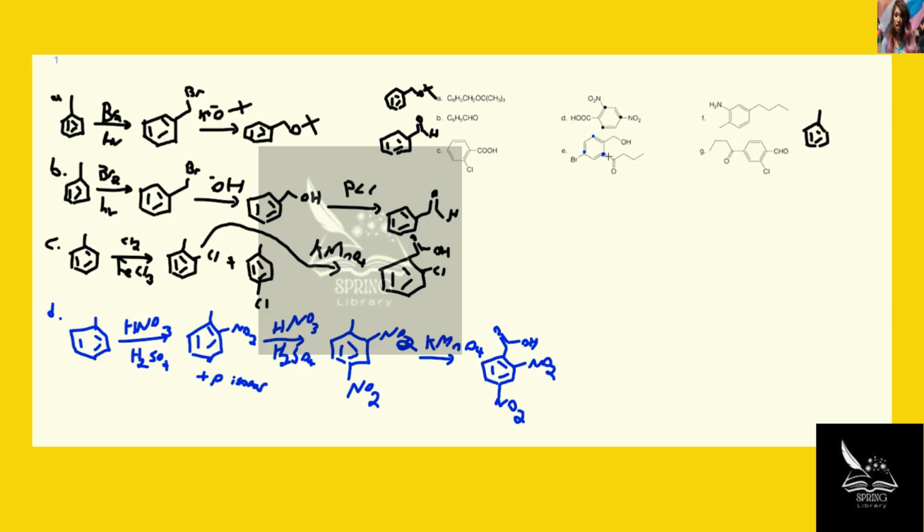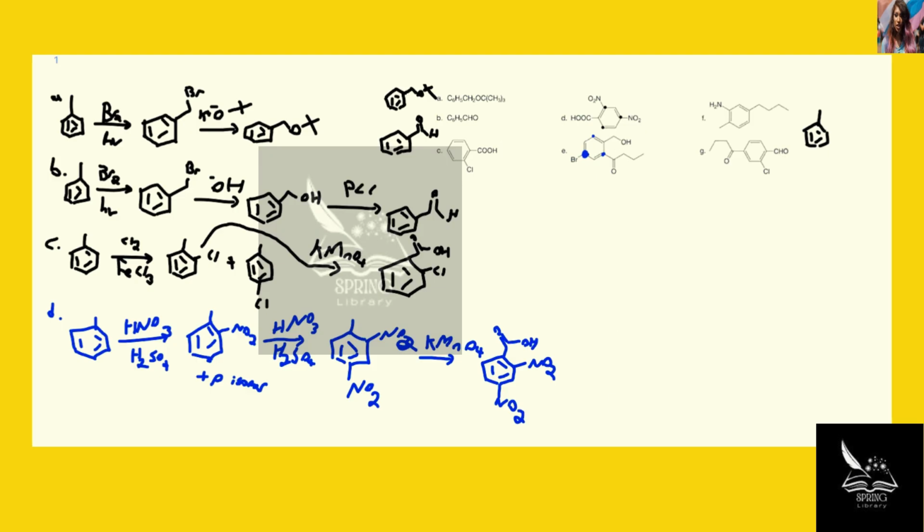Once we add this acyl group, not only is this methyl group directing para, but now this acyl group is going to be directing meta, which is also going to be this position. So when we double force at this position, then we can brominate it, and then afterwards we can go through part B to make this alcohol group at the very end over here on this carbon, just like that.